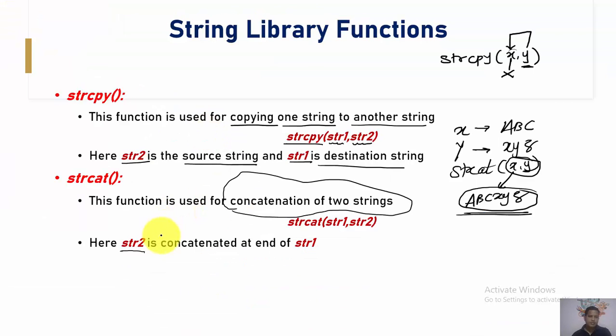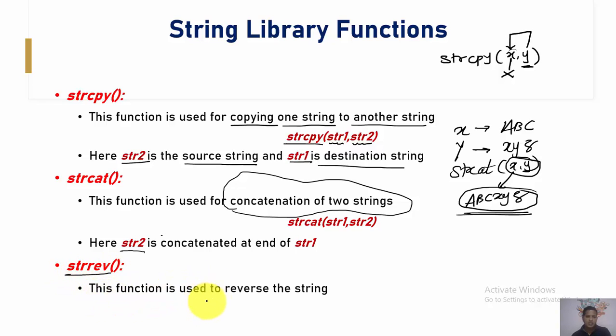The next one is simple, strrev. What does this function do? Simple, this function is used to reverse the string. Whatever the input string is, it is reversed by the strrev function.